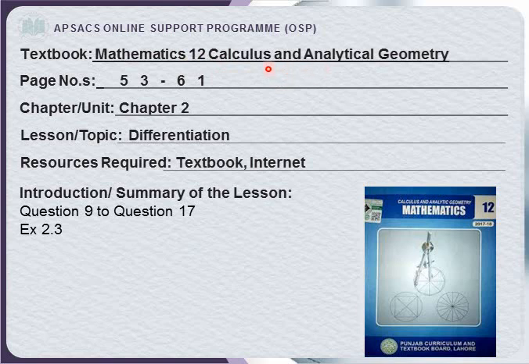The page numbers, chapter number and chapter name are there, and the required resources are that textbook and the internet. As I said earlier in the introduction, you will be able to understand how we will do question number 9 to question number 17 from exercise 2.3.